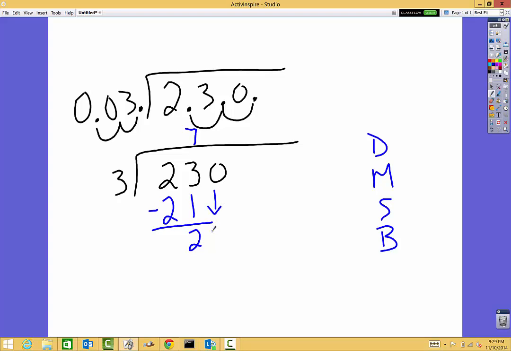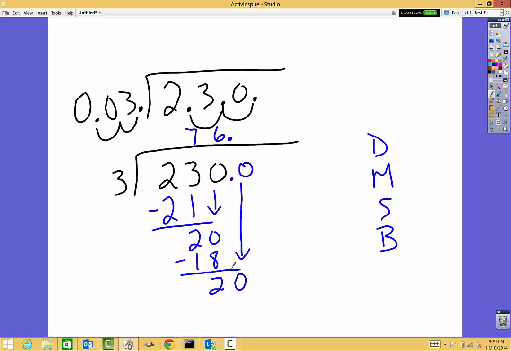Bring down. 3 goes into 20 6 times. 6 times 3 is 18. Subtract. Okay, this is where I was before. So remember, when I need more numbers to bring down, because I'm working with decimals, I just add that decimal point and I add 0. So now I can bring down. I'm going to add that decimal, because remember, I'm going to bring it straight up when I'm dividing.